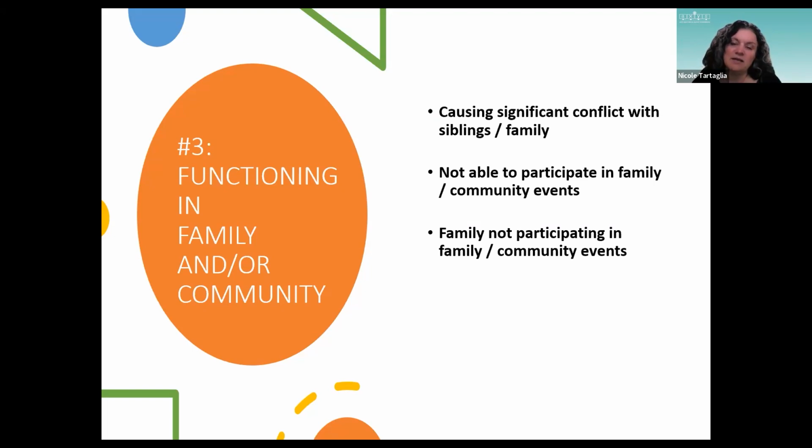And obviously it's about the individual themselves, but we should think about the individual in the context of family functioning and how the family is engaging in the community and the environments. Sometimes that can help us gauge how much impairment it's really causing. We hear, oh no, we don't have any problems at home. Everything's fine at home related to anxiety.